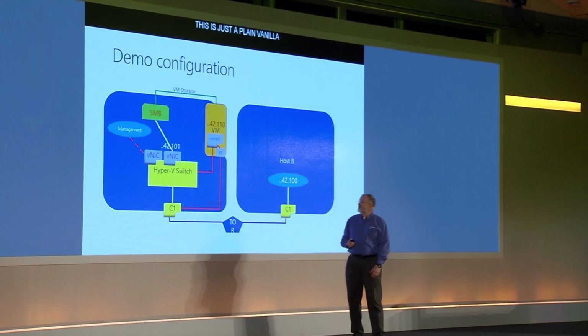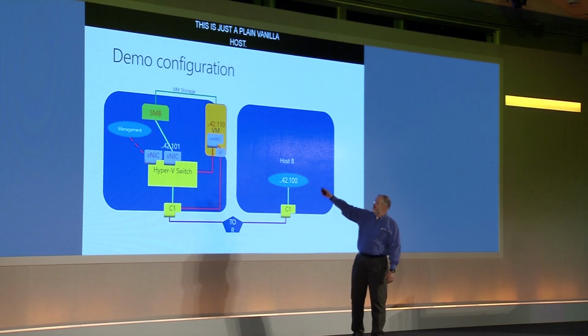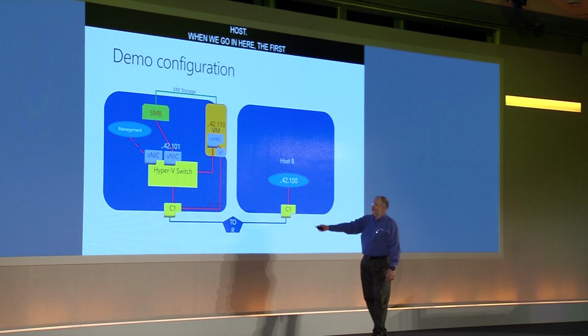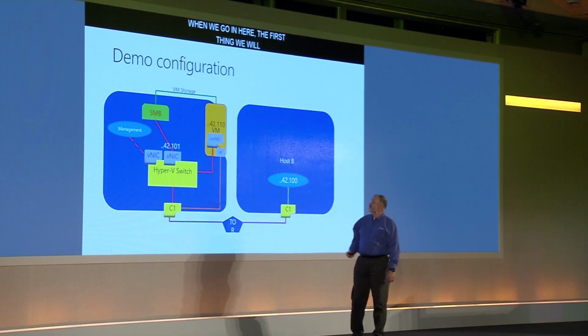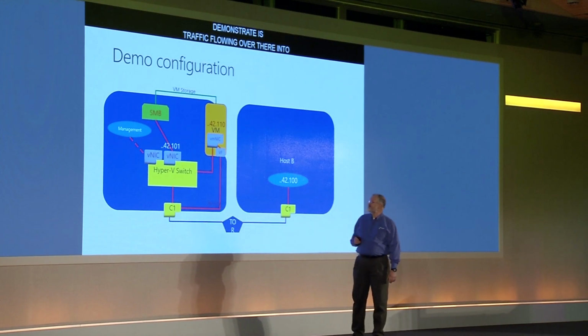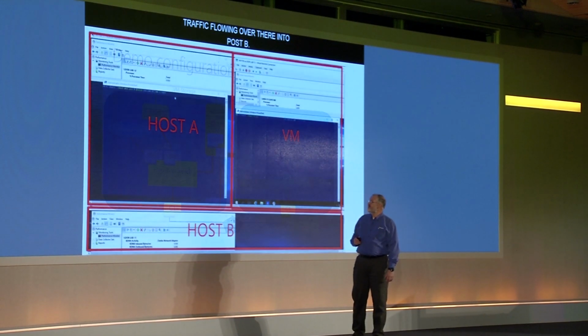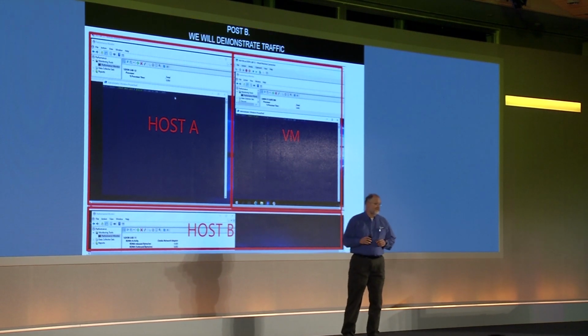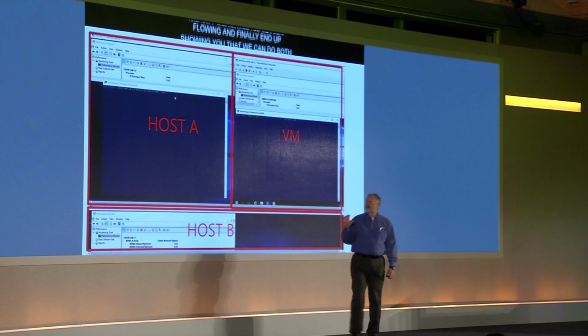The first thing we're going to demonstrate is traffic flowing from SMB over there into host B. Then we're going to demonstrate traffic flowing from the VM into host B. And finally, we're going to show you that we can do both of those at the same time. When we get to the video, here's what I want you to watch for.